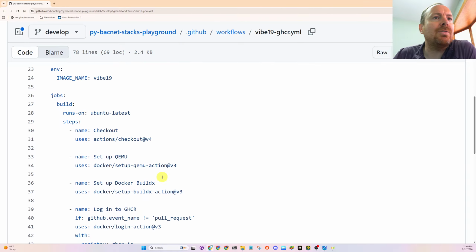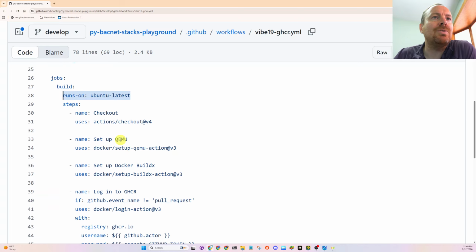So this is what it does. It spins up a little Linux image on the cloud, and then it uses this program called QEMU to build Linux images of different architectures.